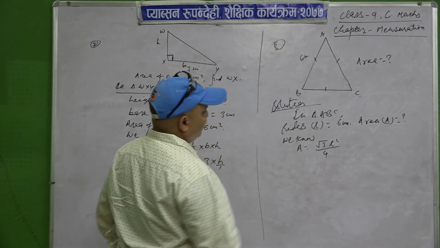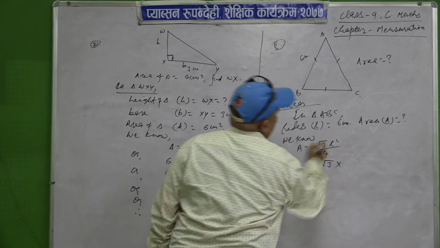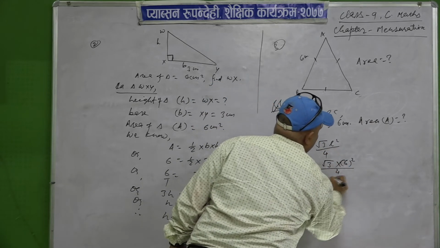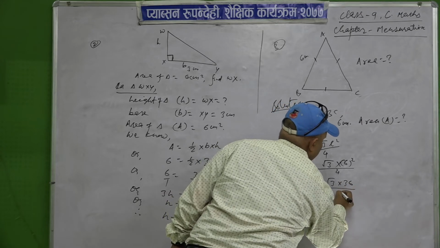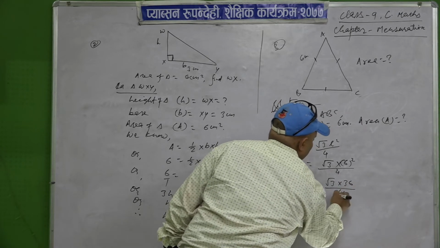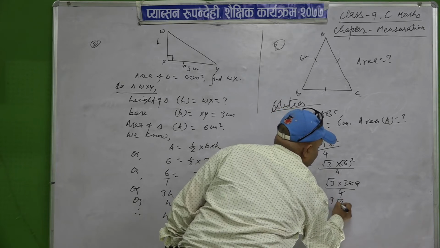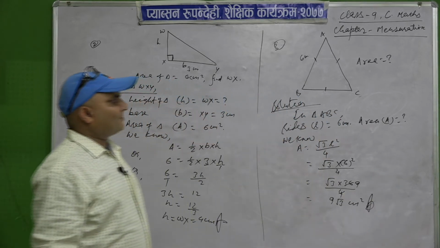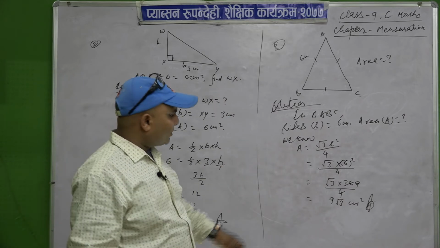Now put the value of L. Root 3 into 6 whole square upon 4, that is root 3 into 36 upon 4. 4 1s are 4, 4 9s are 36, that is 9 root 3 centimeter square. This is the area of this equilateral triangle.